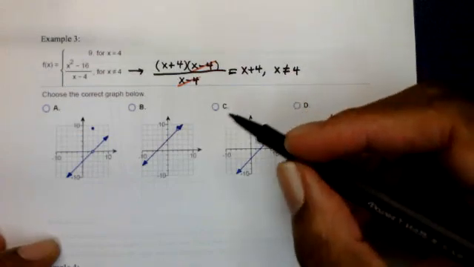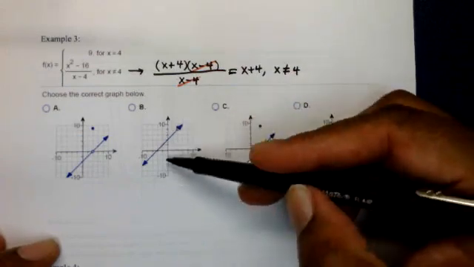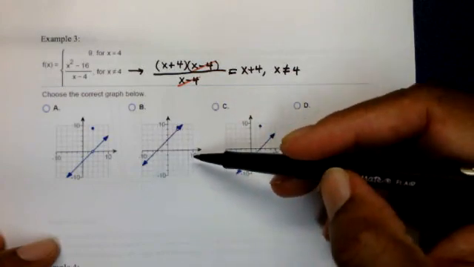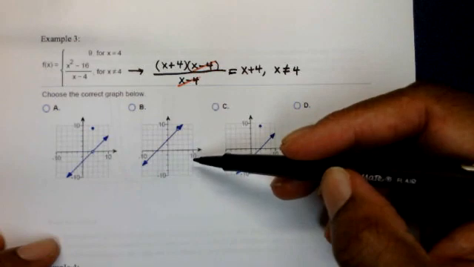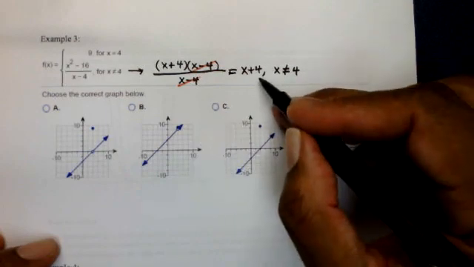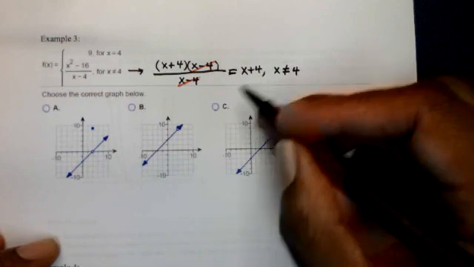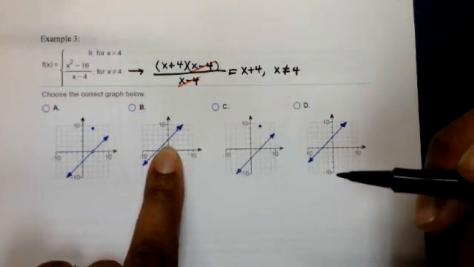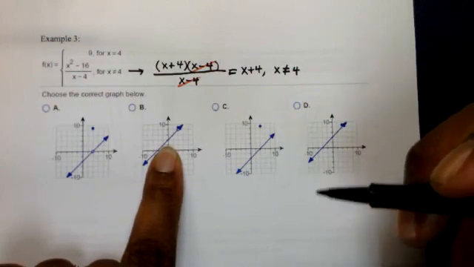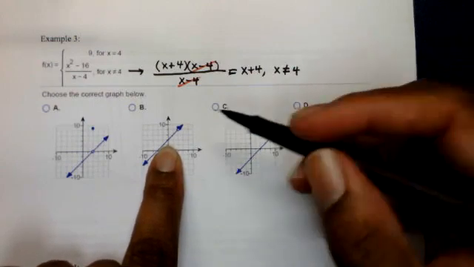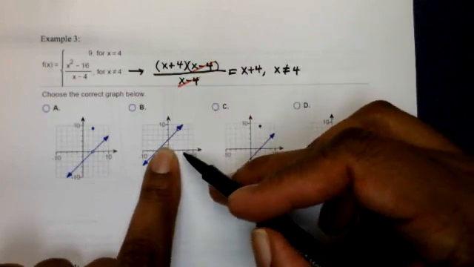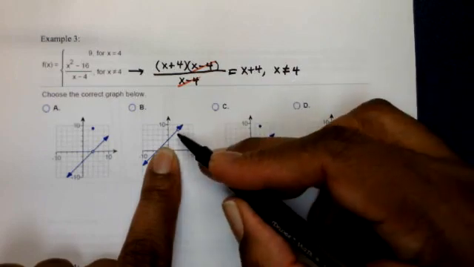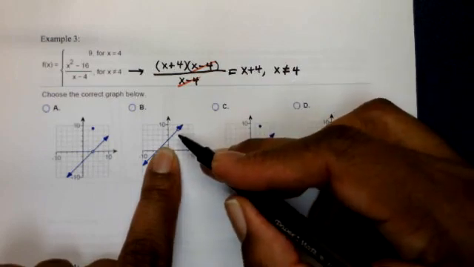Now the x plus 4 means that if we look at this, the y-axis is in increments of 2, and so is the x-axis. That y-intercept is going to be 4, so it has to cross the y-axis at 0, 4, which is this right here. And at 4, if you were to graph this at x is equal to 4, you have to have what they call the hole in the graph.